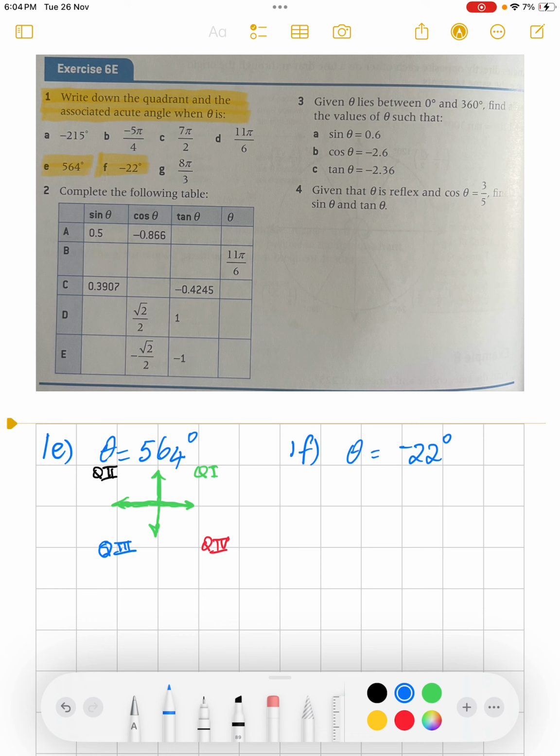Now 564. Well, if we go around a full 360 degrees, we still have another 204 degrees to go. So 360 plus another 204.